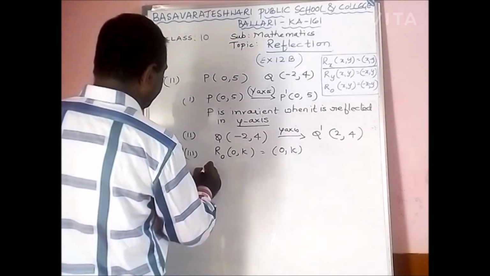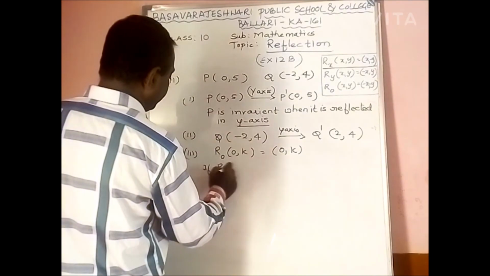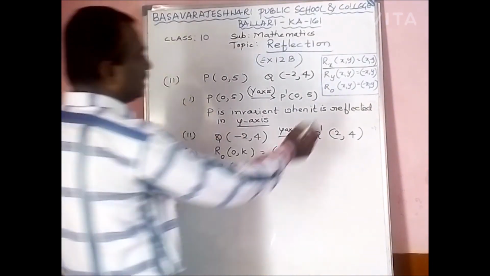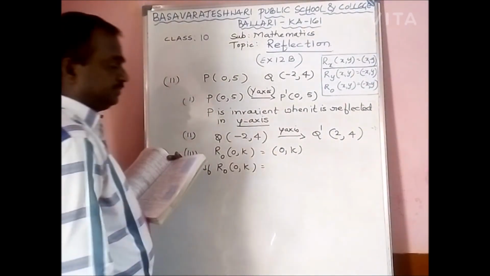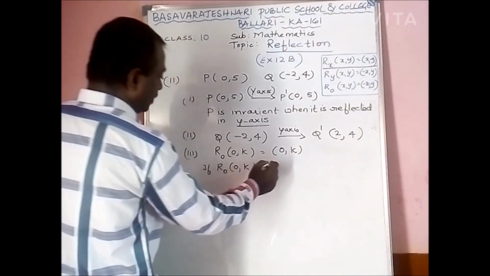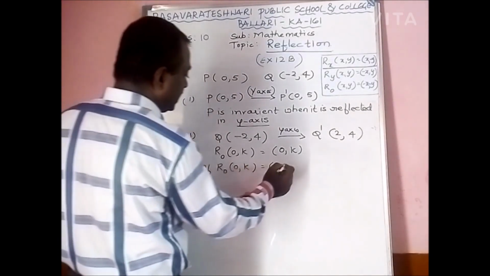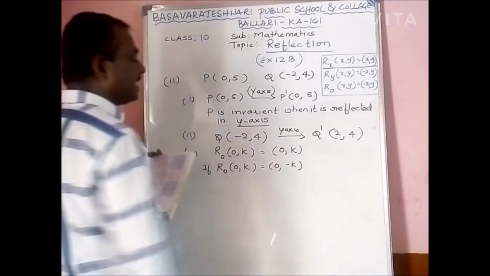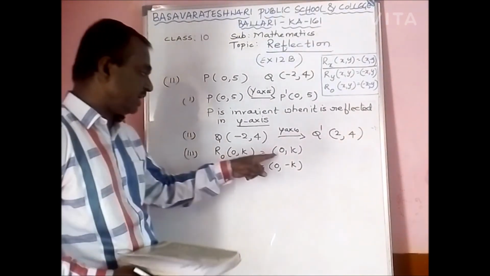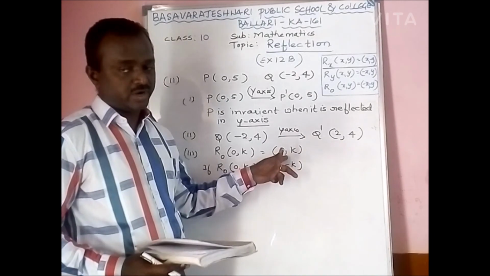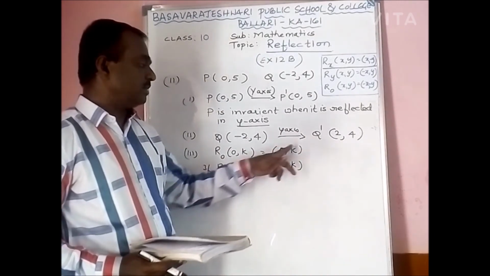If it is reflected in the origin, what should you get? Minus x, minus y. That means 0, no problem. But what should you get for k? We should get minus k. But they are saying that if reflected in the origin, it is invariant, the point 0, k.